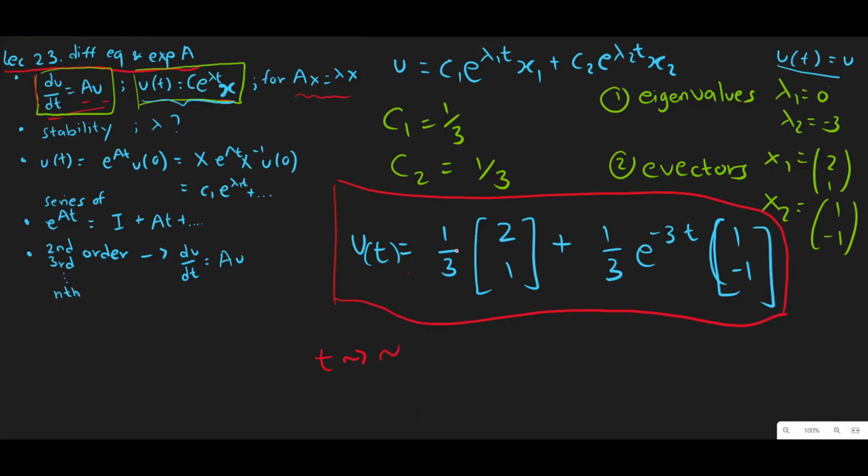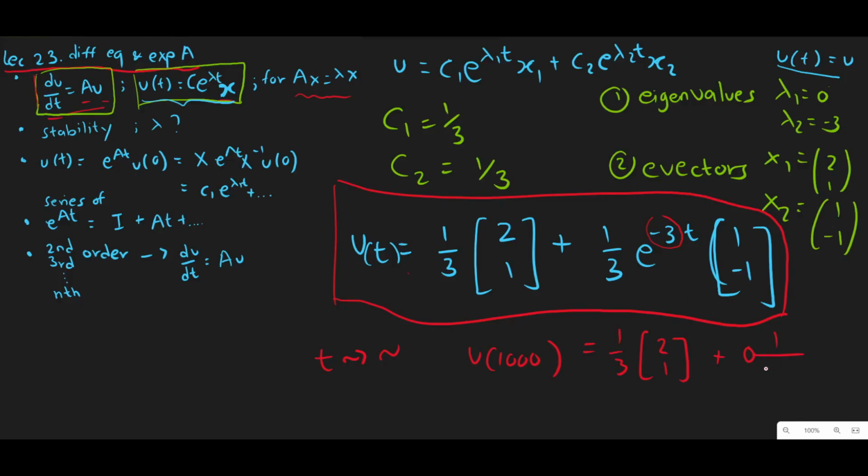As t goes to infinity, we have learned in the previous lecture that the only thing that affects the system is the lambda, and here we have the lambda, and the other lambda is 0, so it doesn't matter, and the eigenvector will still be the same, right? So if I say u(t) at like 1000, what will happen is the system will go into this equation, and this will be 0. So why?